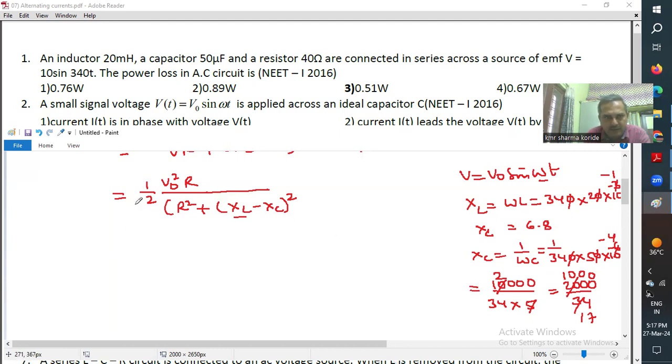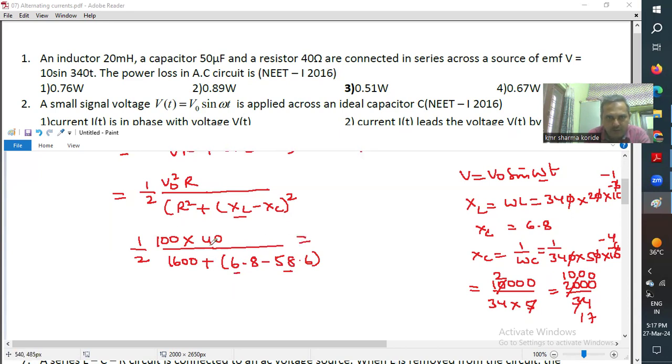XC is 58. So let us come back to the basic equation. V naught is once again 10, 10 square is 100. R in the question is 40, divided by R square, 40 square, which means 1600, plus XL minus XC: XL is 6.8 minus this is going to be roughly 58. Just subtract, and roughly you'll get 52.